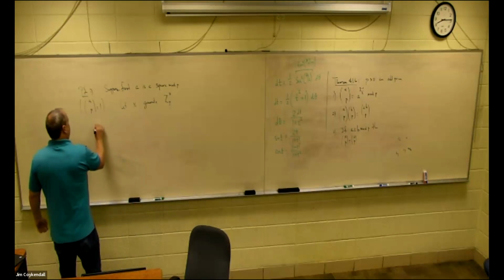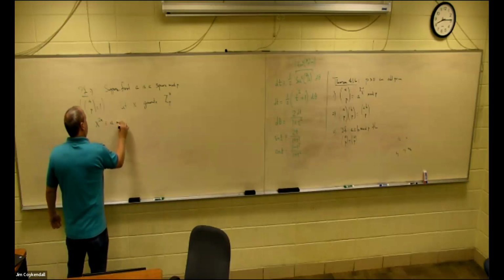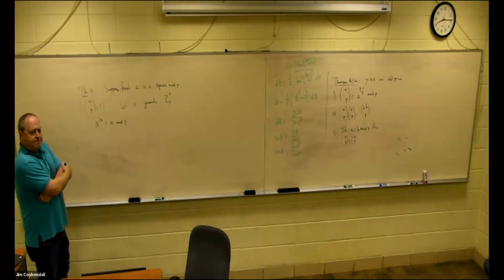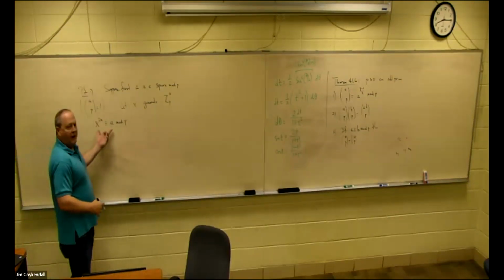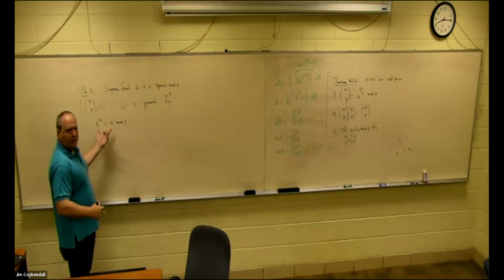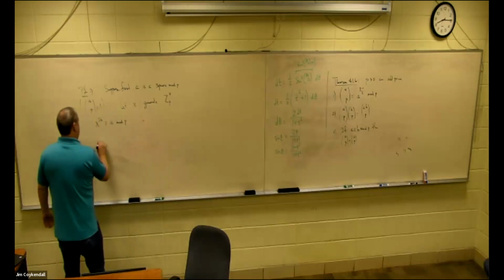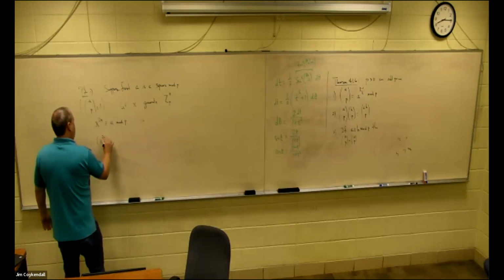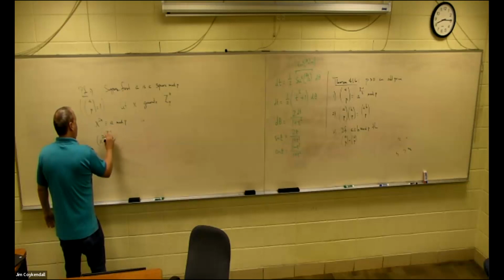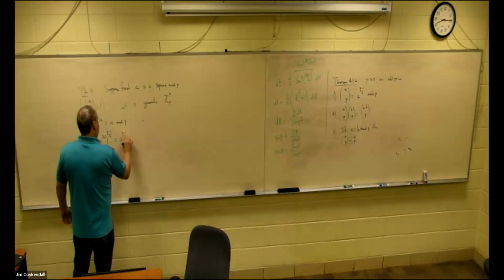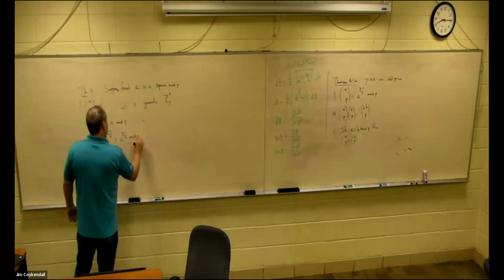Well, it must be true that x is some even power. So let's just take this to the (p minus 1)/2 power. x to the 2n, (p minus 1)/2, from the a to the (p minus 1)/2 mod p.